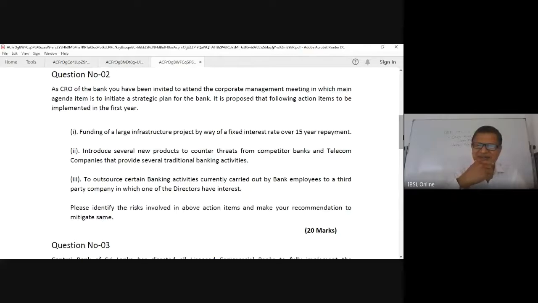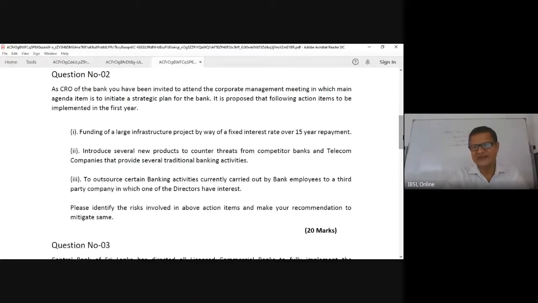And if interest rate rises, you can't jack up the interest rate you have given to this client under the contract. So you will still be charging 10%, whilst, we'll say, the current market rate is 12%. So you tend to lose 2% over a very long period, which will be interest rate risk.